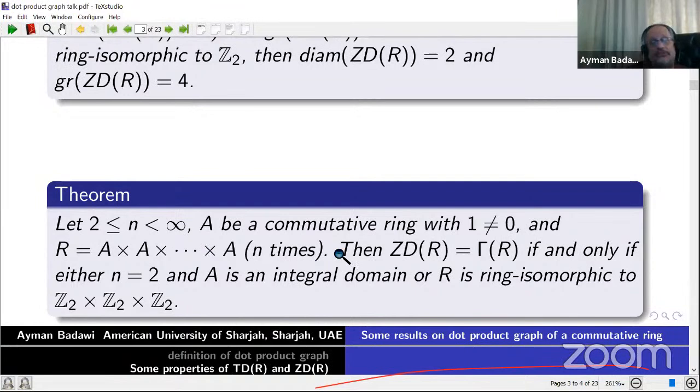Here is a nice result, maybe not very difficult to prove, but this is a connection between a graph and the structure of the ring.